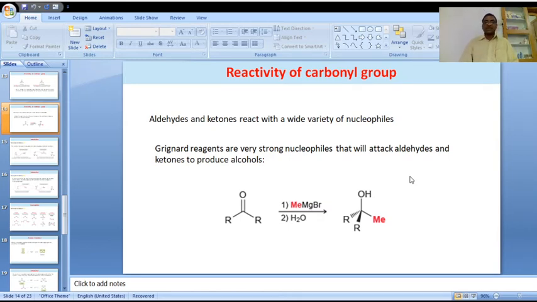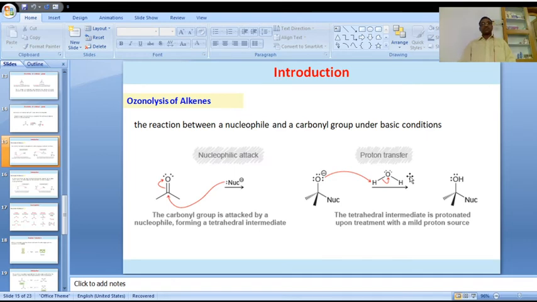It is shown as a single step reaction, but based on this single step reaction we cannot understand clearly. Because of that, we will go to the mechanism of this particular reaction. This is the mechanism part.